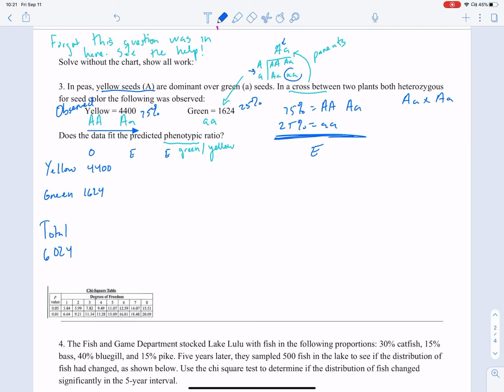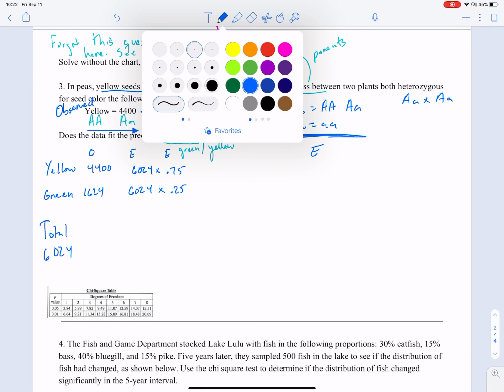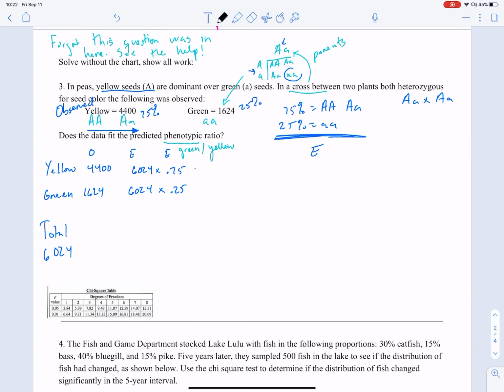And so I know my percentages for expected, and I just apply that based on the total. So my expected would be 6,024 times 0.75 for yellow and 6,024 times 0.25 for green. Those numbers turn out to be 4,518 and 1,506. So those are my expected values for the given plants. So if I do my chi-squared, I have yellow and I have green.